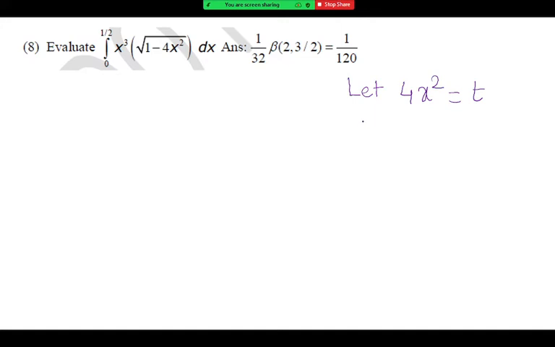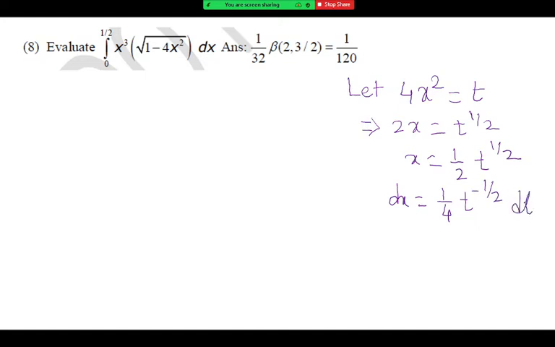If 4x square is t, you can observe that 2x is t raised to 1 by 2. So the value of x is 1 by 2 t raised to half, and the value of dx is 1 by 4 t raised to minus half dt.